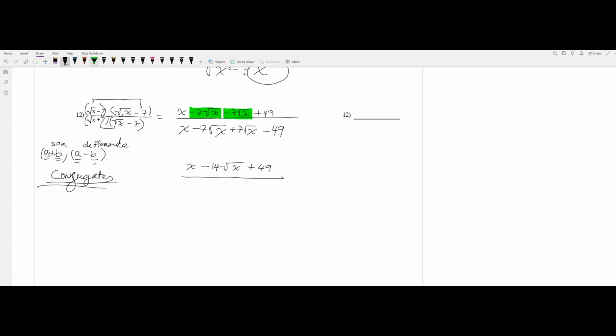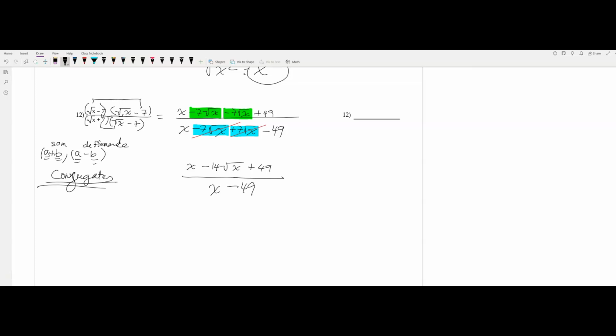At the bottom, though, let me use another color maybe, this one, why not? We have negative 7 square root of x plus 7 square root of x. Negative 7 plus 7, they are opposite. When you add them up, it cancels out. So therefore, these two cancel out. And I'm left with x minus 49.